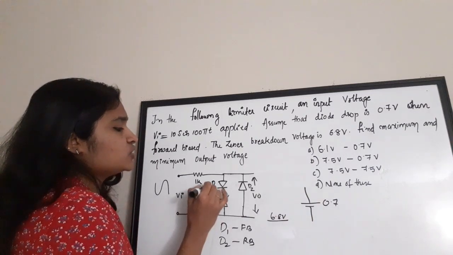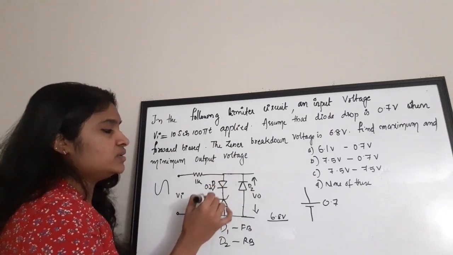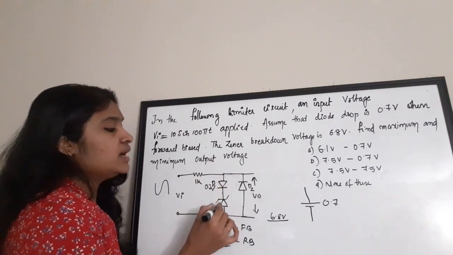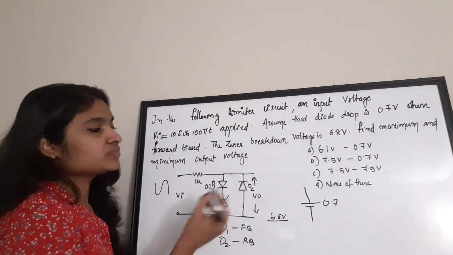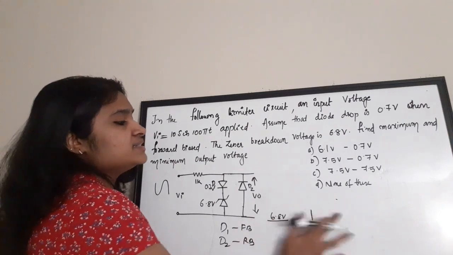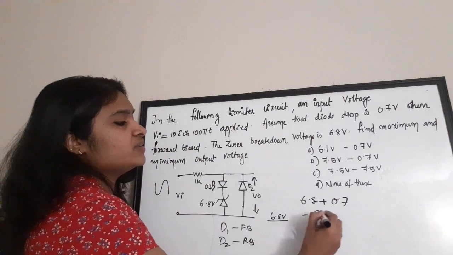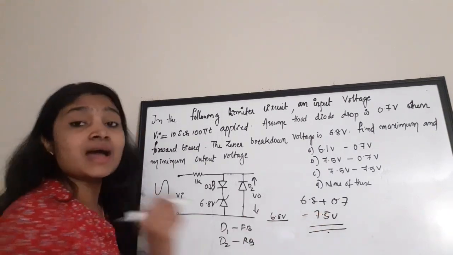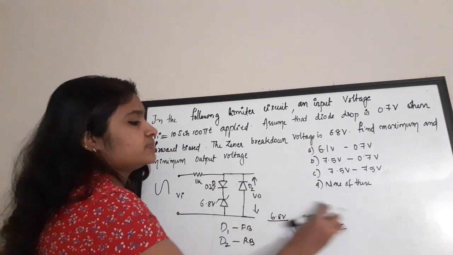So it will be 0.7 volt across the normal silicon diode, and across the Zener diode it is 6.8 volt. What is the total voltage of this branch? It is equal to 6.8 plus 0.7, which is 7.5 volt. This will be the maximum output voltage.